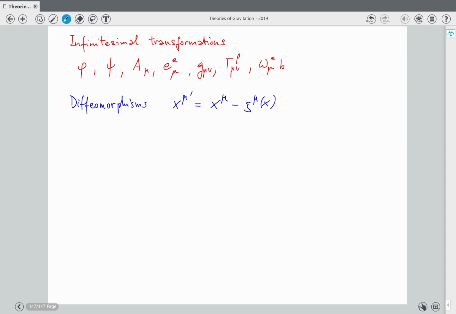Psi mu are arbitrary functions that in some sense we understand to be small, and so we Taylor expand and study the first order of the expansion.